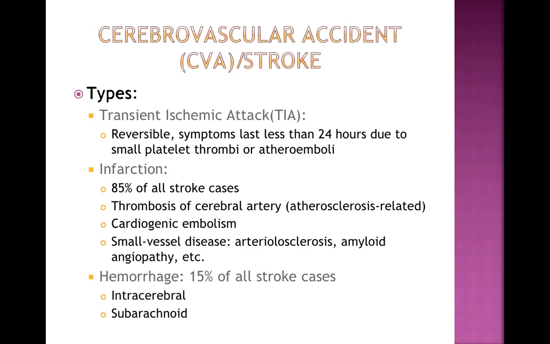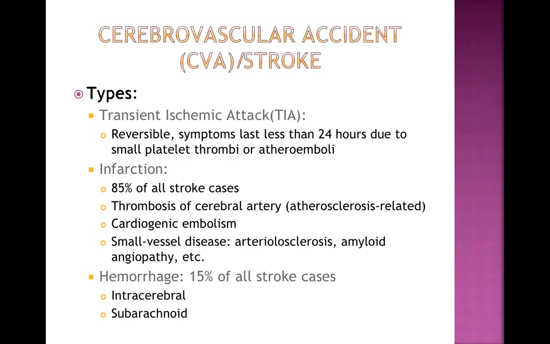Next type is infarction or cerebral infarction, and this is the most common type of stroke. Almost 85% of all stroke cases belong to cerebral infarction. Now, what is the cause of infarction? This is mainly caused by thrombosis of cerebral artery, and this thrombosis, okay, is associated with atherosclerosis.